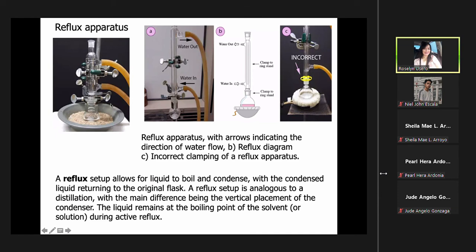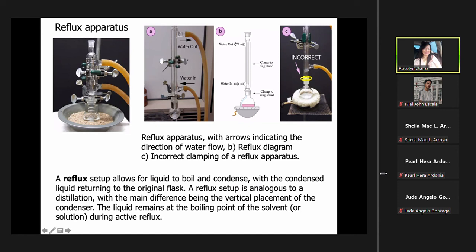Okay, so this one is a reflux apparatus. There is a condenser, with the liquid going back and forth. The difference from the distilling apparatus is that this one is in a vertical position, while the distilling apparatus is horizontal, right?